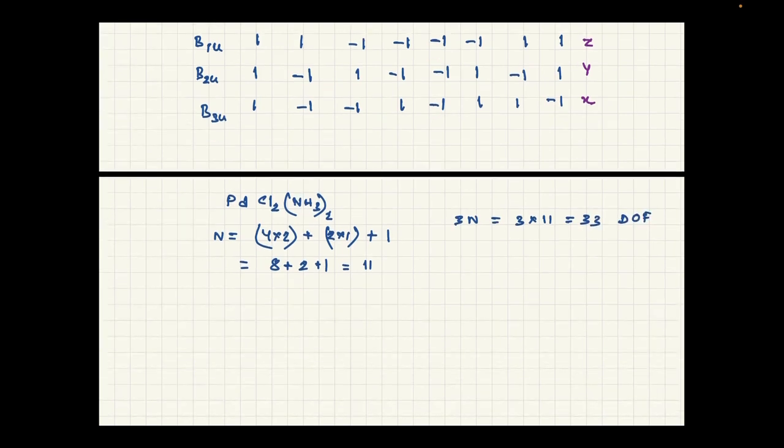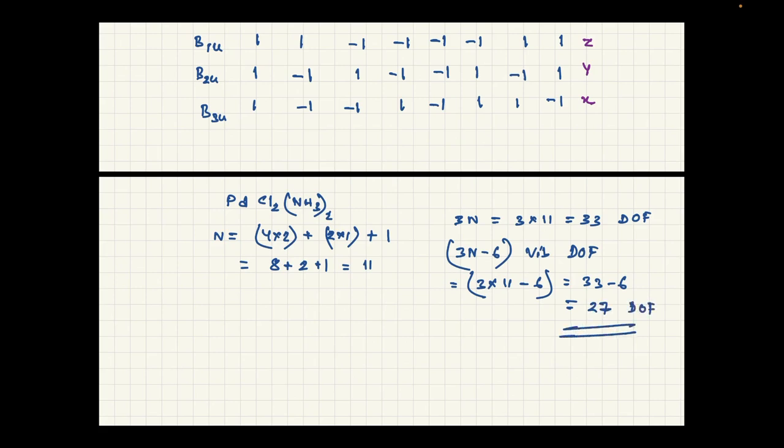Okay, then out of 33 degrees of freedom, the vibrational degrees of freedom will be 3N minus 6, so it will be 3 times 11 minus 6, 27 vibrational degrees of freedom.